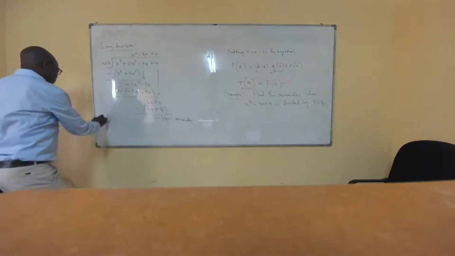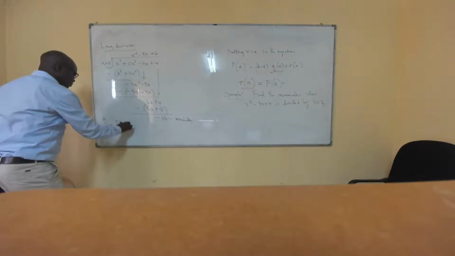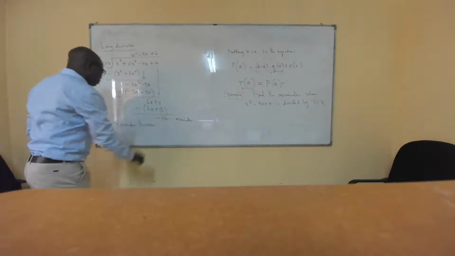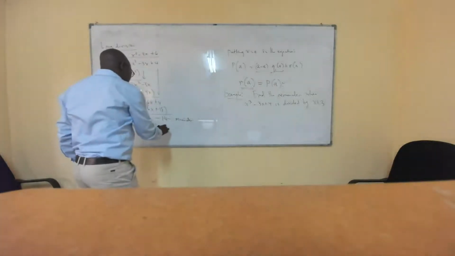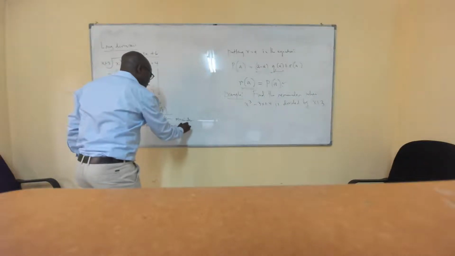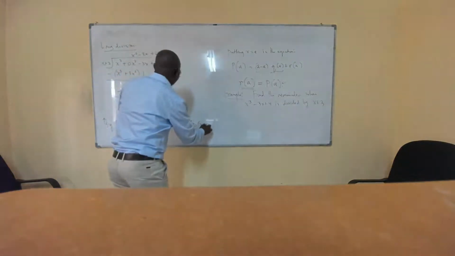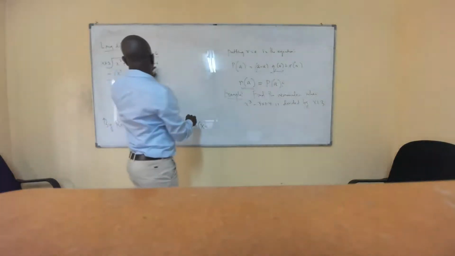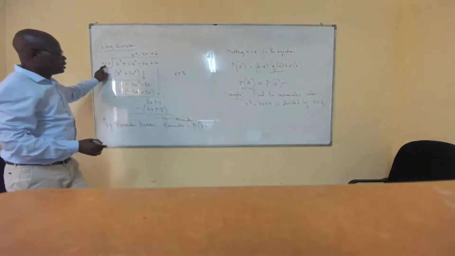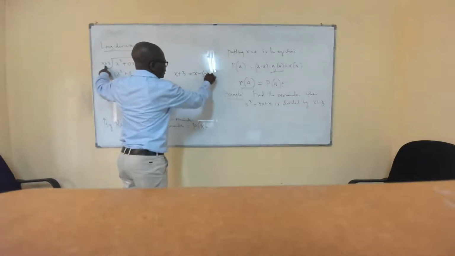But by the remainder theorem, it is simply saying the remainder must be P evaluated at x equals, in this case, we are dividing by x plus 3, so it is minus 3.